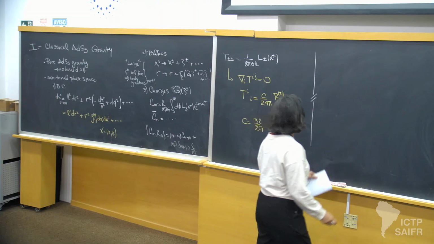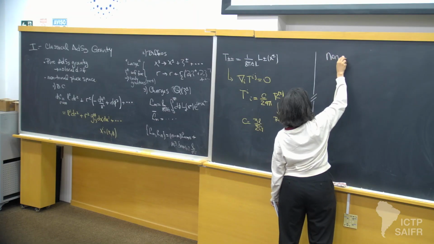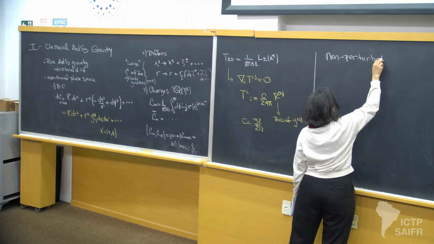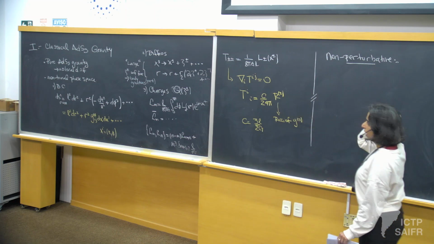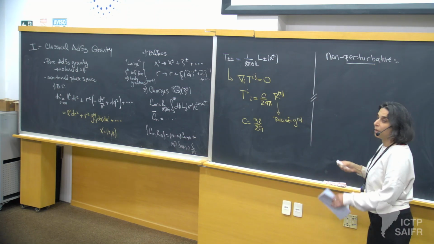So now we're going to move into, I also mentioned last lecture that there were non-perturbative solutions. And the solution that I want to present to you, there's many of them.